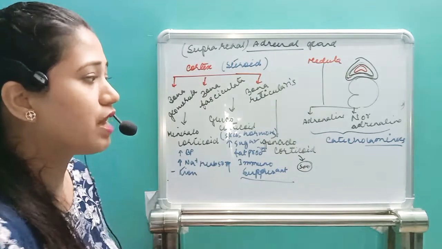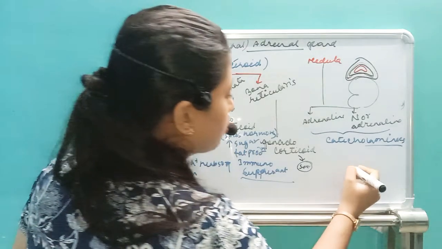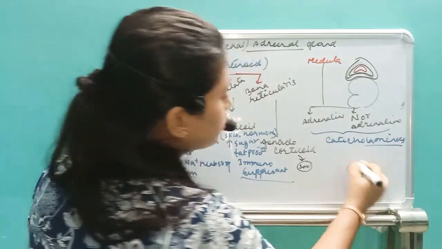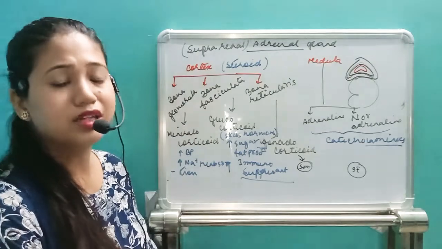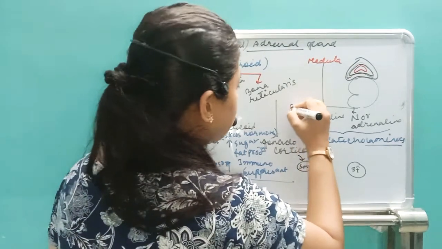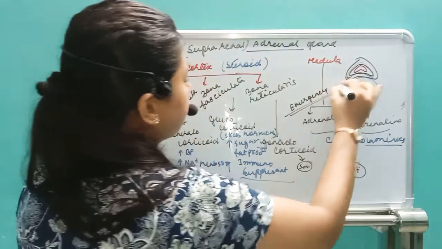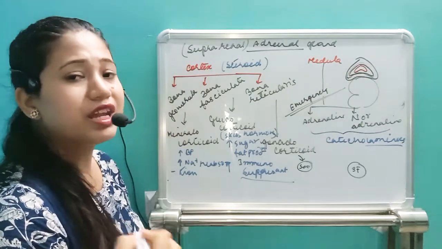Now, the function of adrenaline and noradrenaline. I have told you about the sympathetic and parasympathetic nervous system. It is also called the emergency hormone. Why is it called the emergency hormone? Because it will act in the 3F situation.